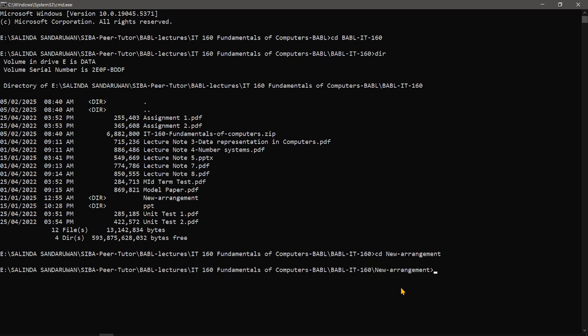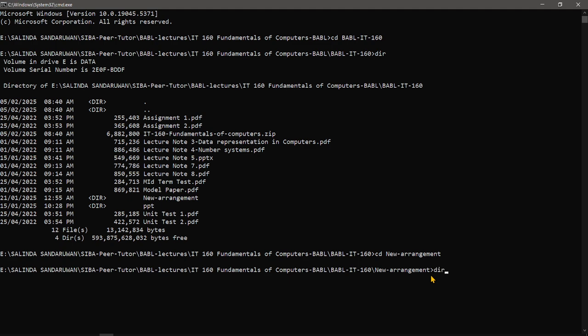If I press enter here, the path has changed. Check the path: IT160 fundamentals of computers BABL IT160 then new arrangement, right?